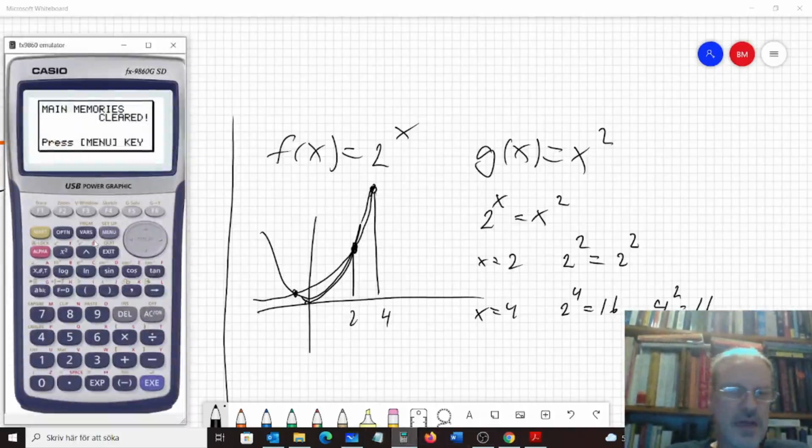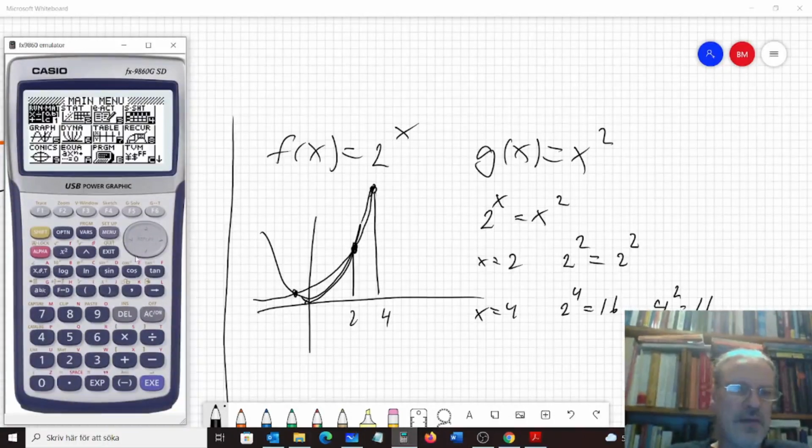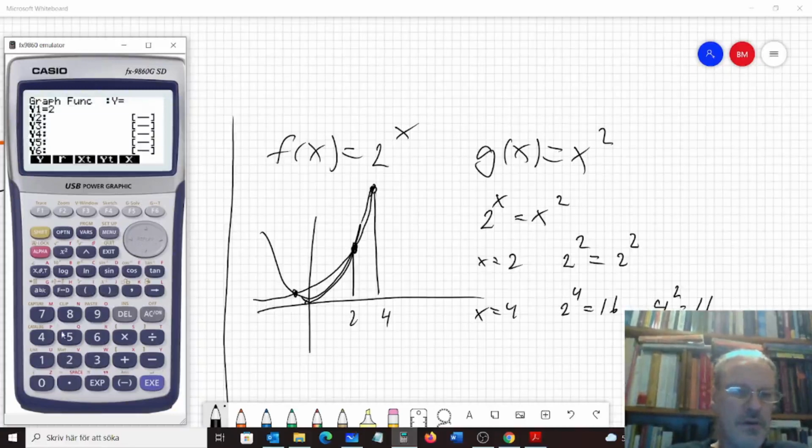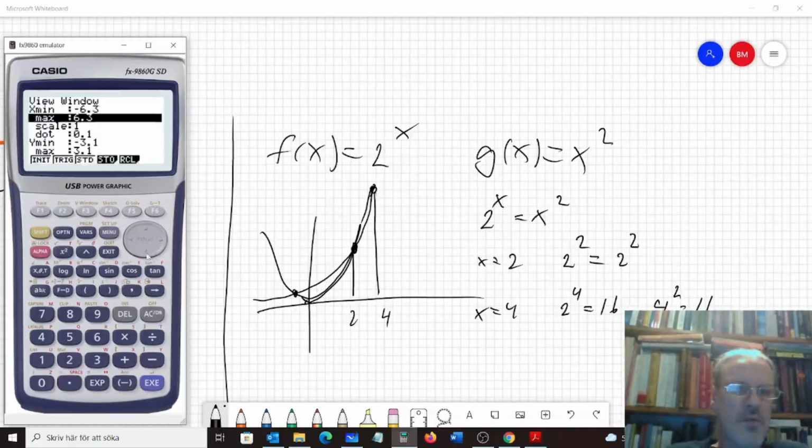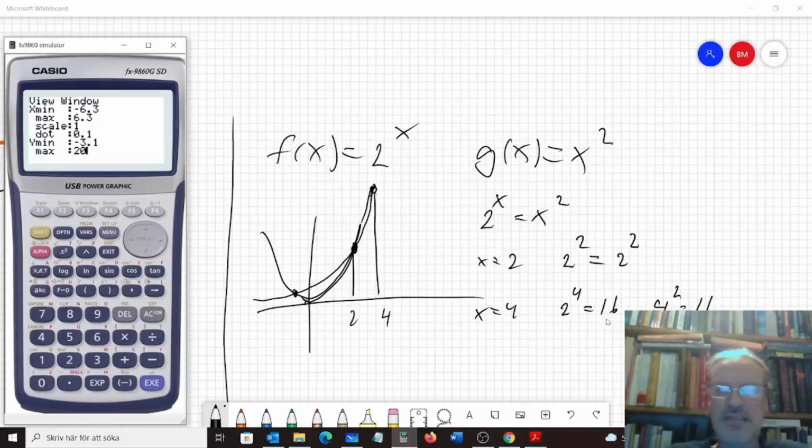I will start a calculator and enter my two functions. So 2 to the power of x and x squared. Draw, and we get this here, and this is the point we're interested in. We can actually zoom out here. I will put window and put my y max to say 20, because we know that we must go to at least 16.